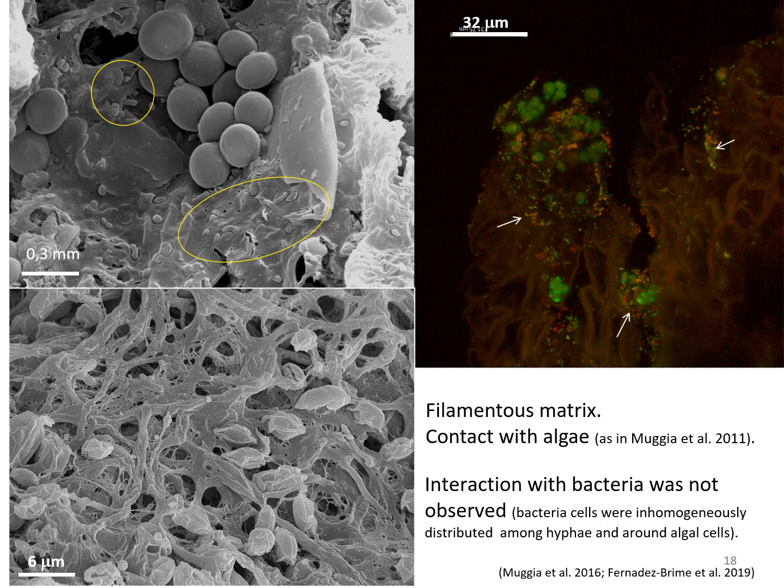Bacteria have also been investigated in the past years, and we saw that they are present and closely associated or located next to the algal colonies, but whether they influence or interact in a way with the algal cells or the fungus was not proved.